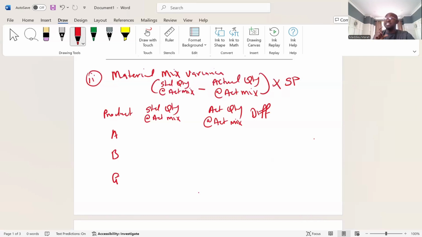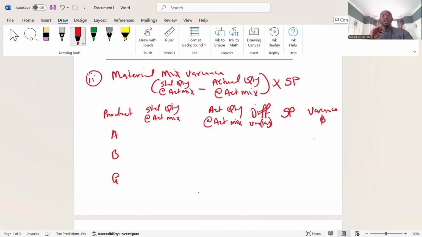That difference is the variance in kg. After this difference, I'll bring my standard price, and I'll bring my variance in dollar terms.